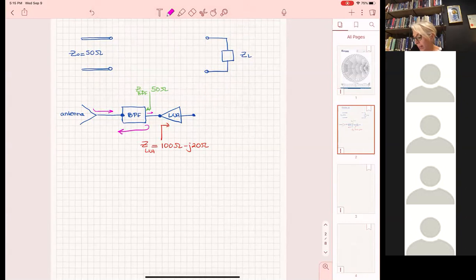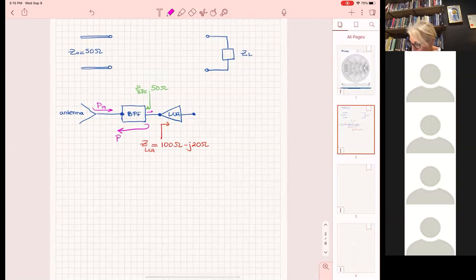And so what is going to enter into the LNA is going to be less.